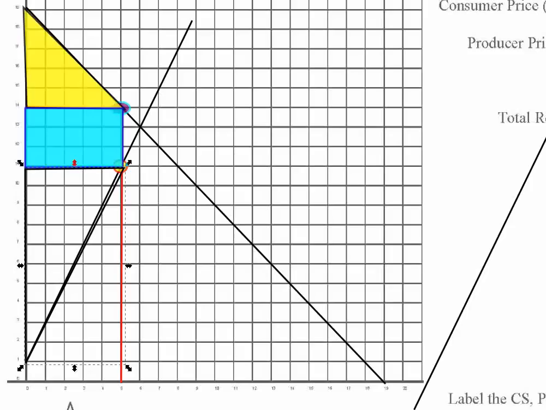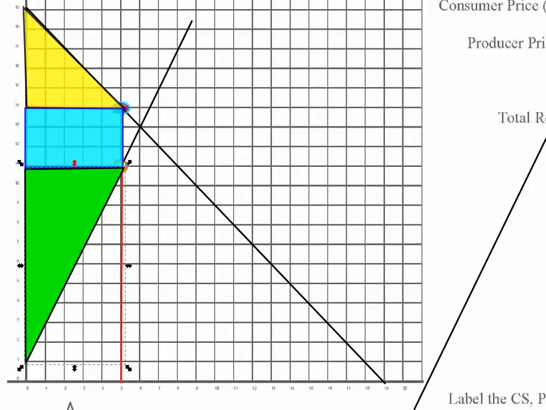I'll make that a little more see-through so we can see what's behind it there. And then the area under the supply curve here is going to be the variable cost as always. And let's see, we'll color that some kind of pink for the variable cost there.